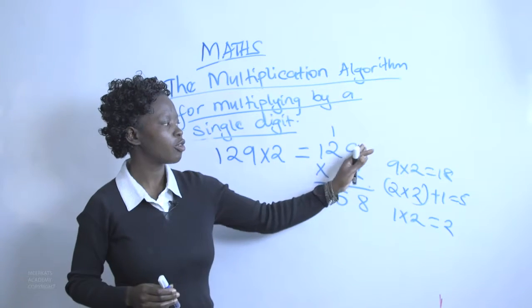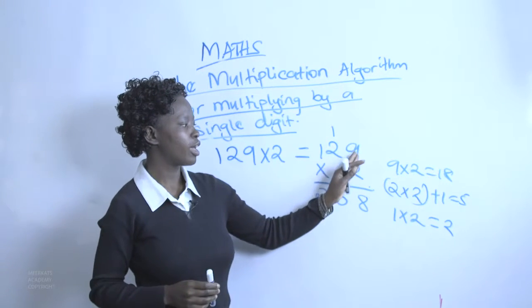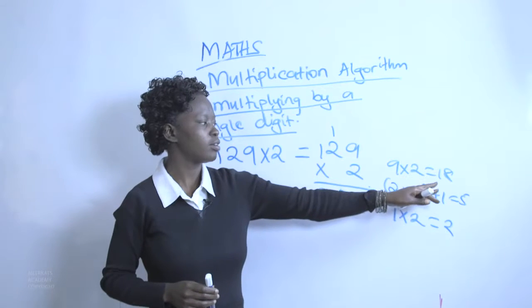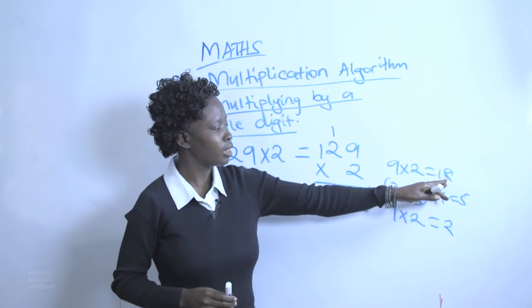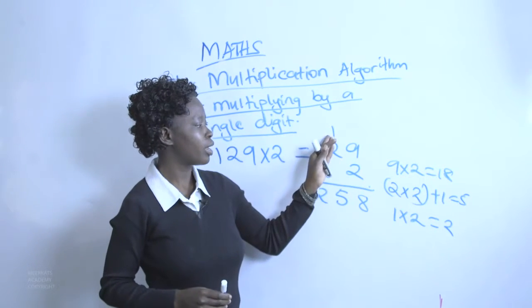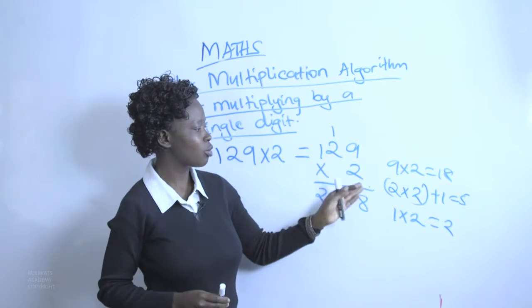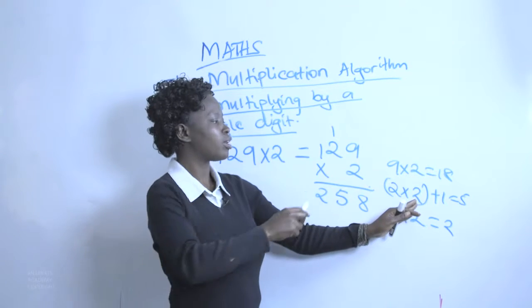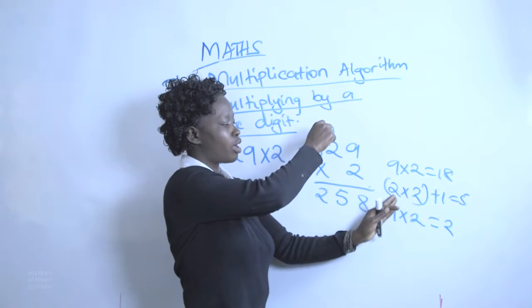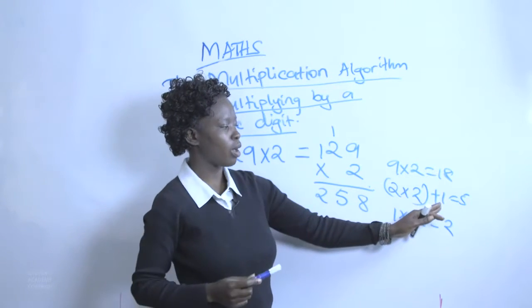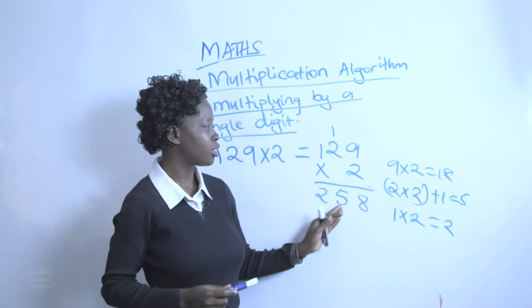So starting from the far right, we'll have 9 times 2, which is 18. 9, we write 8 and carry 1. Then the next digit is 2. So we have 2 times 2, but remember, we carried 1. So we have 2 times 2, then plus 1. We get 5. So we write 5.